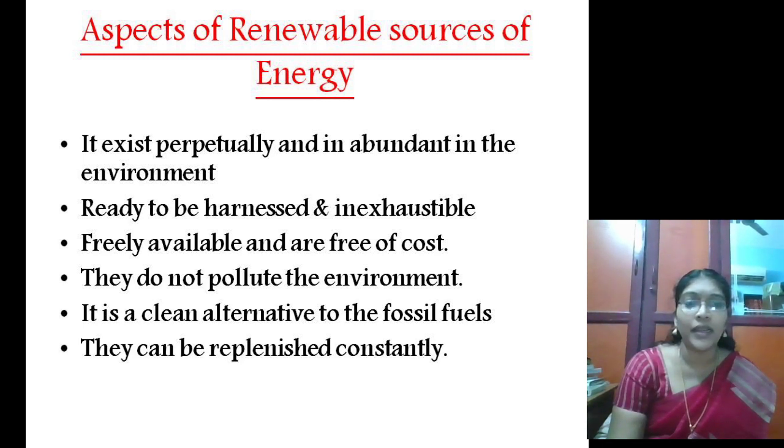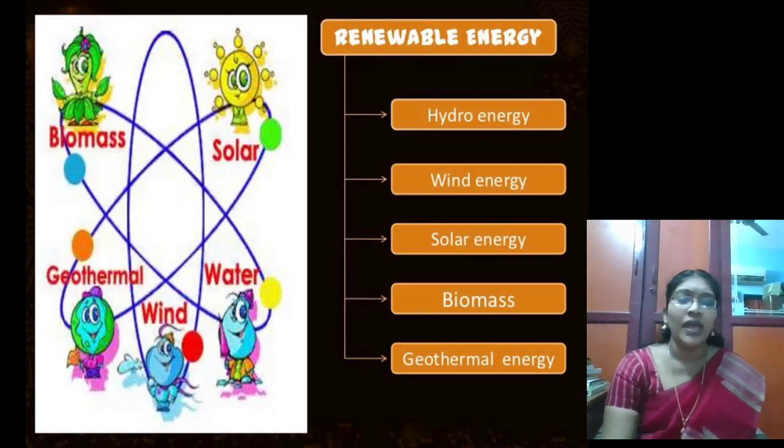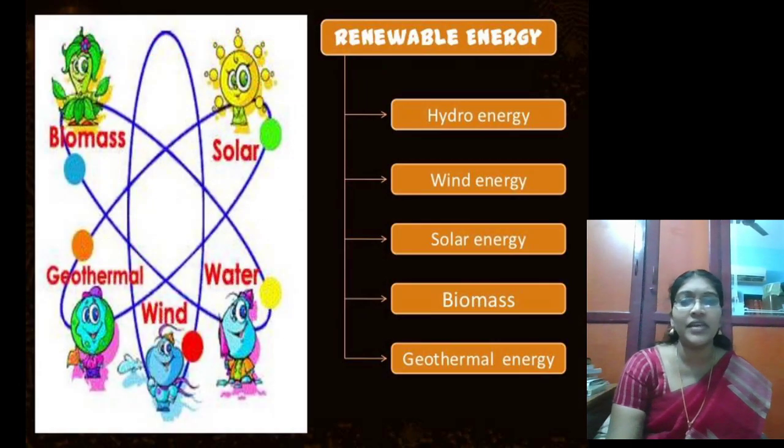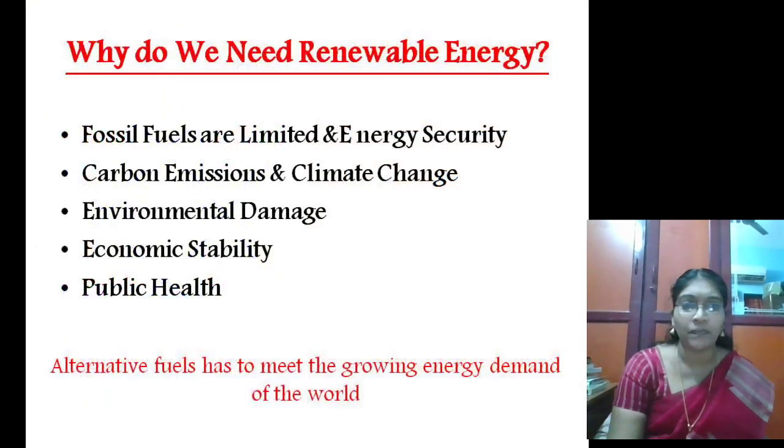They can be replenished constantly. These are some of the aspects of renewable sources of energy. And here are the classifications of renewable energy sources. They are hydro energy, wind energy, solar energy, biomass energy, and geothermal energy.